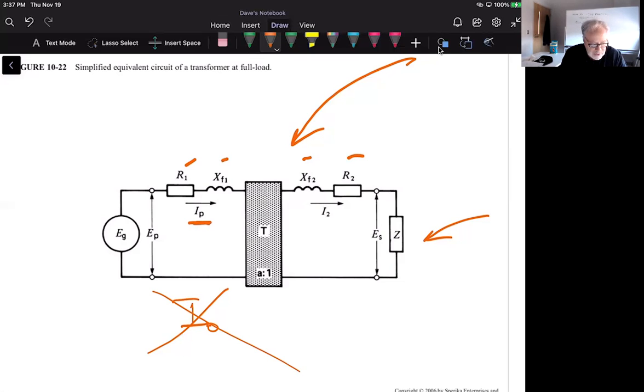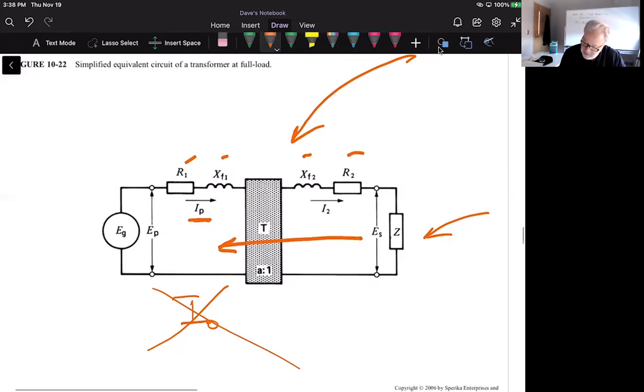We can further simplify the circuit by shifting everything to the primary side, and we learned how to do that in the earlier sections, in section 10.9. When we do that shifting from the secondary to the primary side, we move everything to here, right?